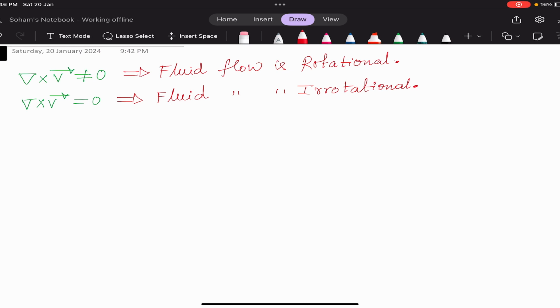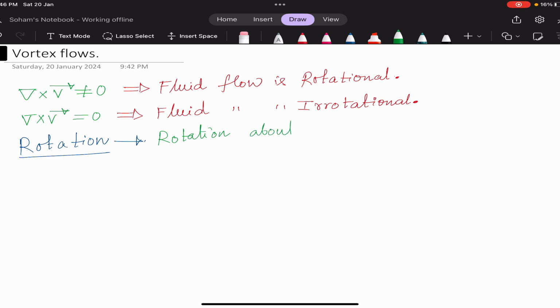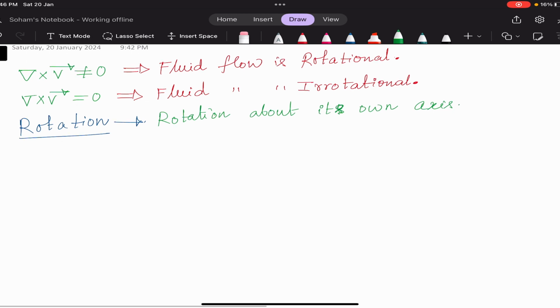Now, as I have said, the concept of rotation, so rotation means what? If I say that I am concerned about rotation, then it is talking about rotation about its own axis, right? Its own axis.